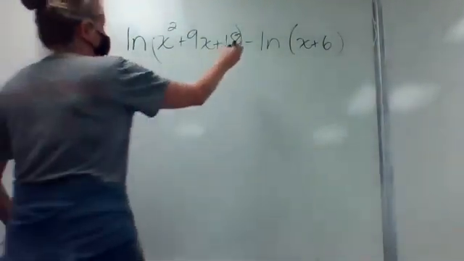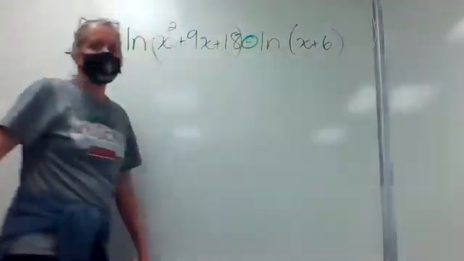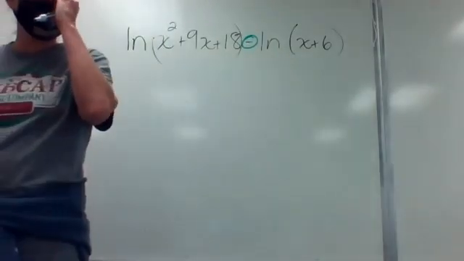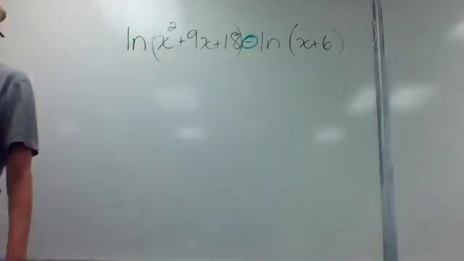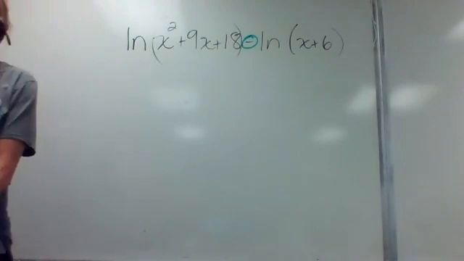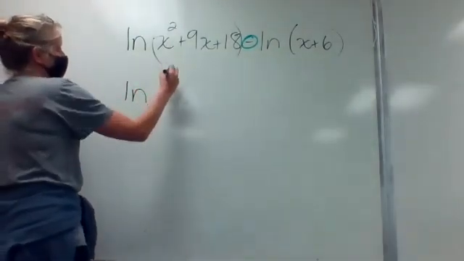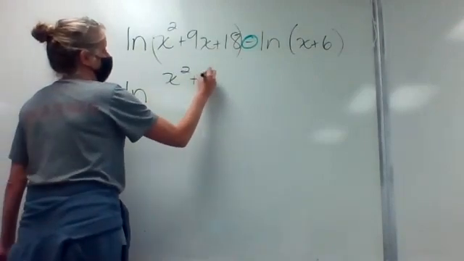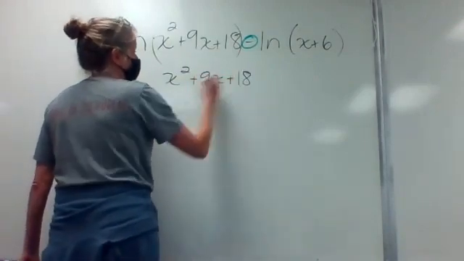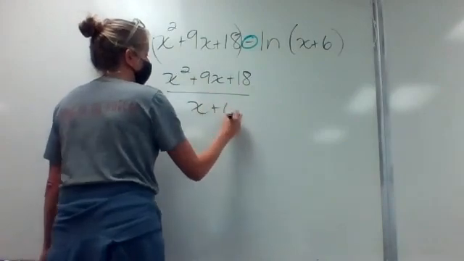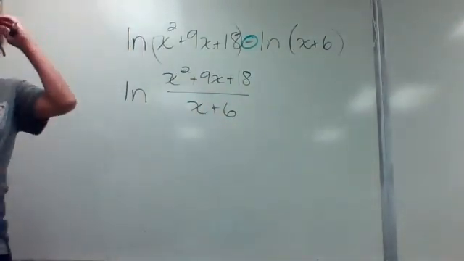First things first, since that is minus, I'm going to rewrite this as a single logarithm and turn it into the quotient. So I'm going to have ln, and on the top, x squared plus 9x plus 18 over x plus 6.